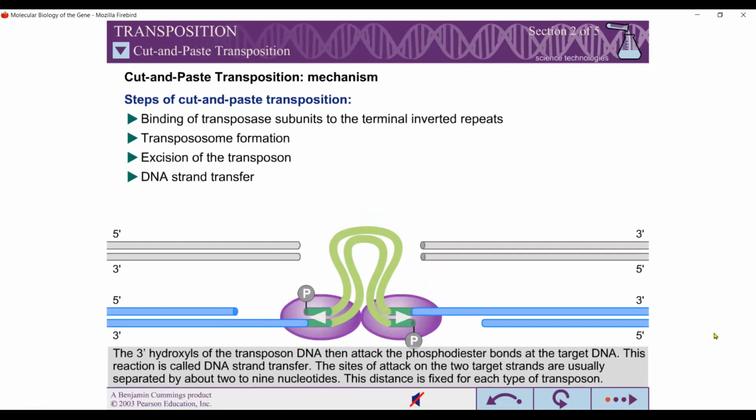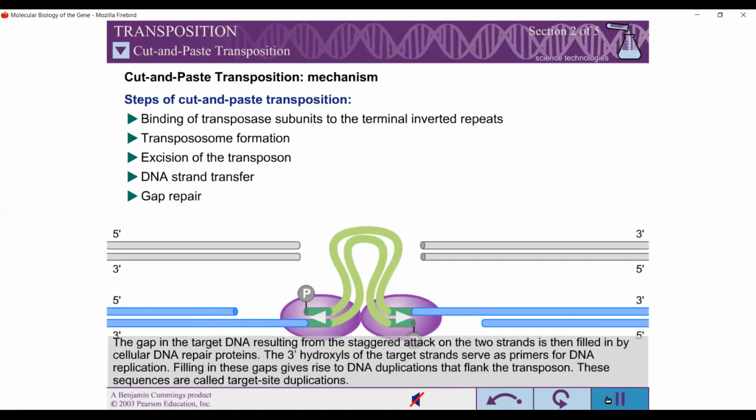To emphasize, the distance between the sites of attack on the two target strands is usually fixed for each type of transposon. For one category of transposon, the target site is fixed. So once it cuts the DNA at the target site, you saw that the two DNA strands open up. So basically a staggered cut has been generated.